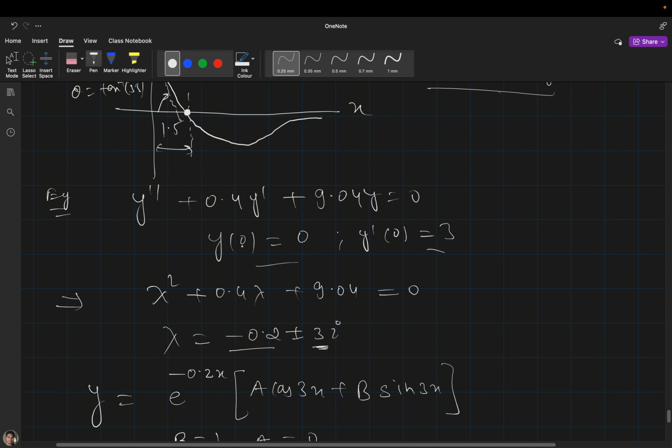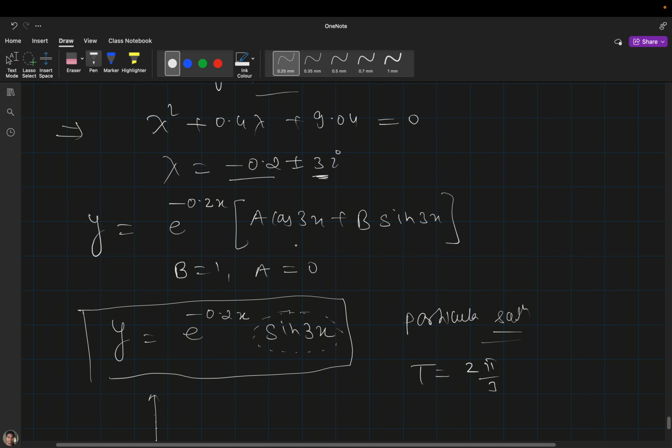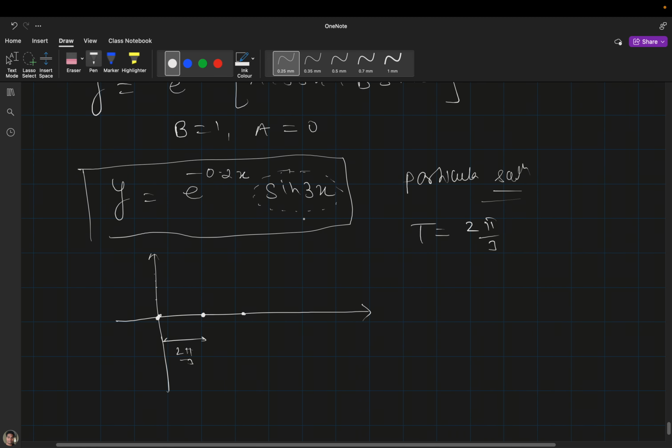When x equal to 0, y equal to 0. Here also, when x equal to 0, y equal to 0. So the graph will be something like this. Now you can see that the peak will diminish.